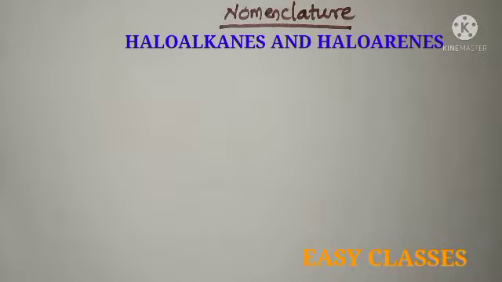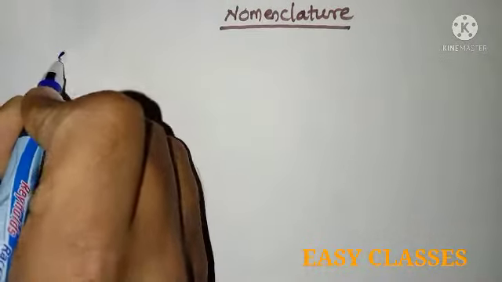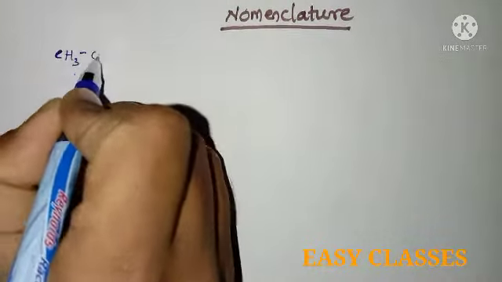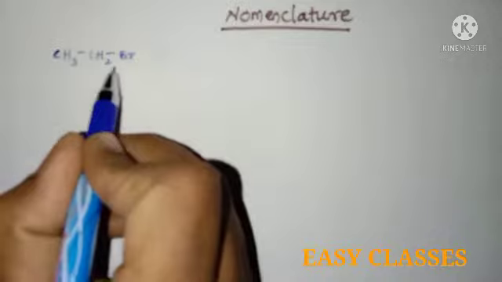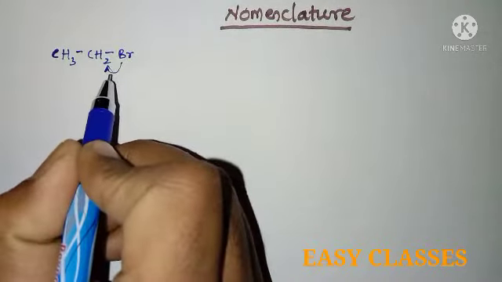I will take the first example here, that is CH3CH2Br. So this is the haloalkane. Here the halogen atom is attached to the alkyl group.